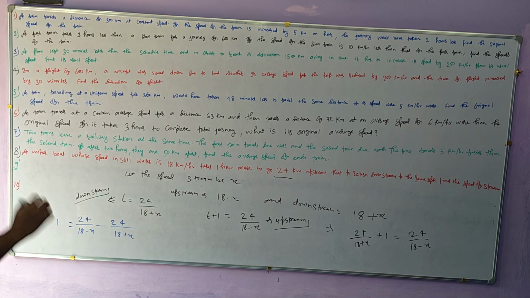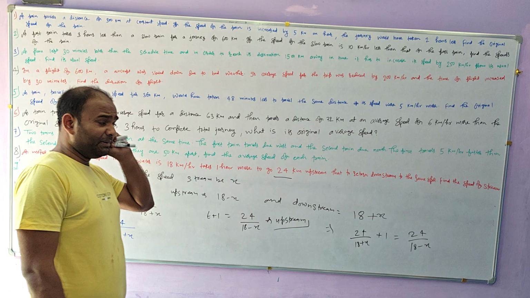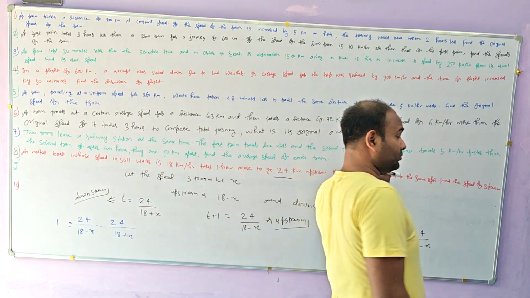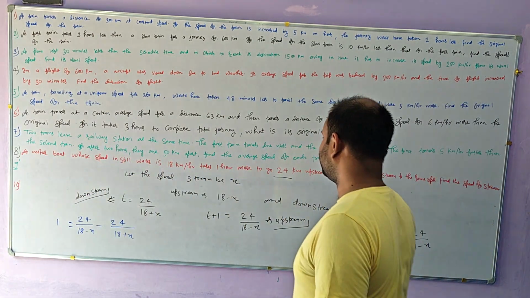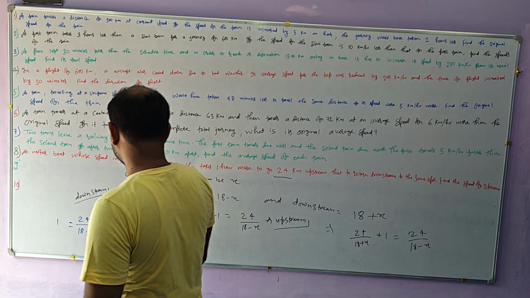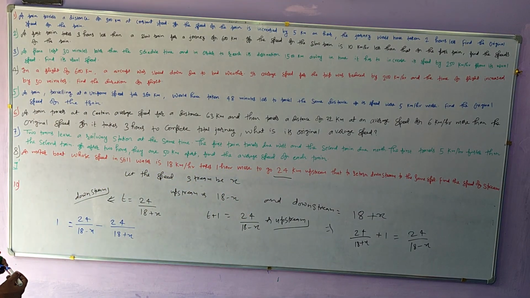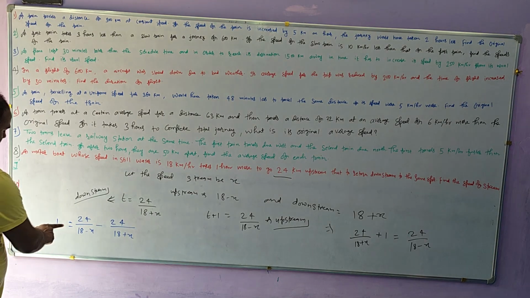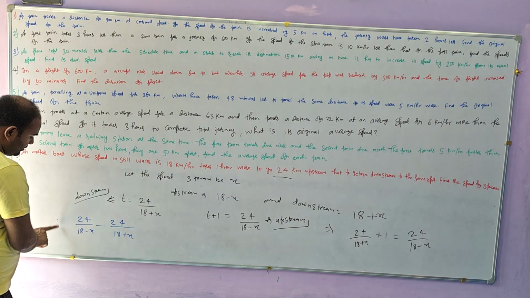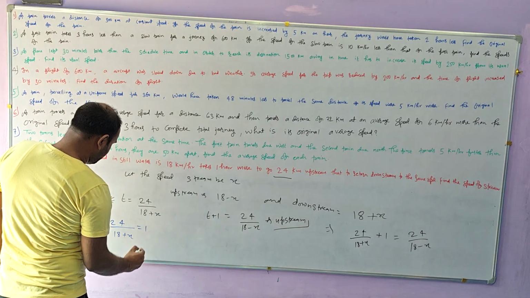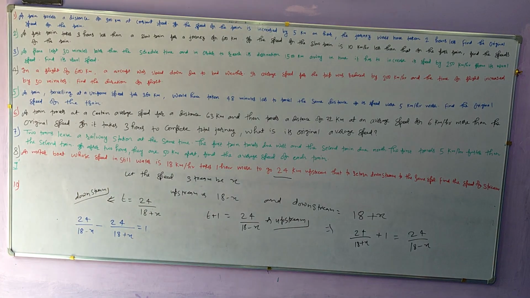After solving this we get a value of x, and that is our stream speed in kilometer per hour. We can also write it this way, and we take the LCM.